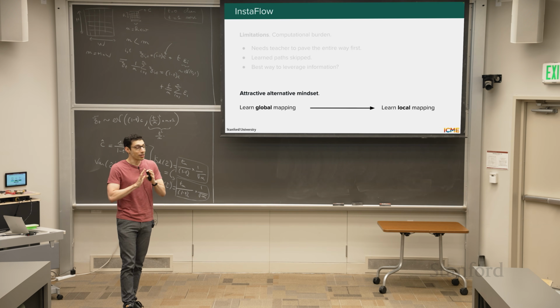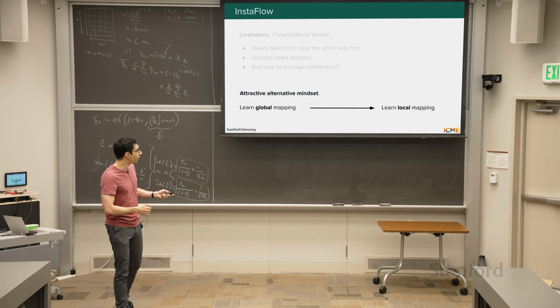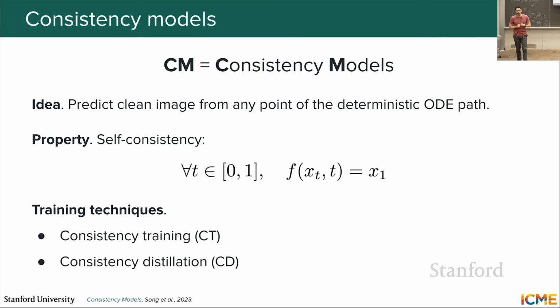Okay, awesome. So I'm slightly late. I'm going to go through this next idea of leveraging local properties to train a better student with this notion of consistency models, which has an interesting property of looking at paths that are deterministic, with a mapping that maps every point of that path to the end goal, such that no matter where you are on that path, if you train your model to predict the end image, then you can make the jump as early as when you are in the noise distribution, right?